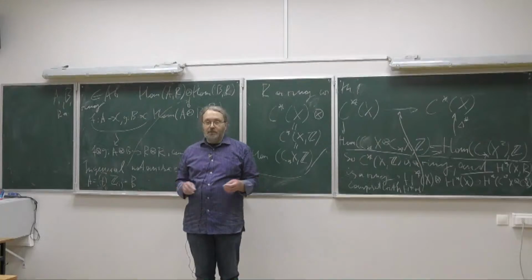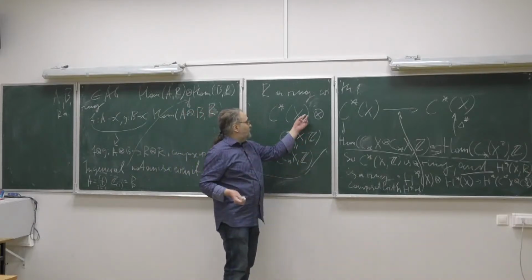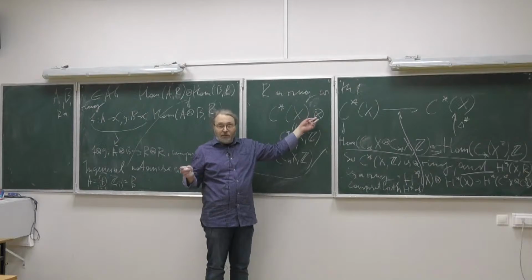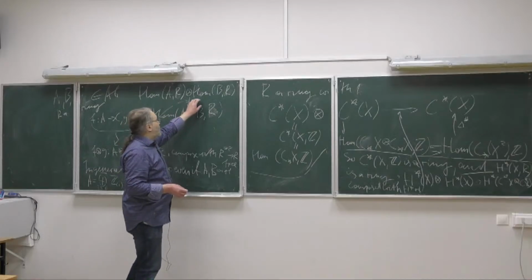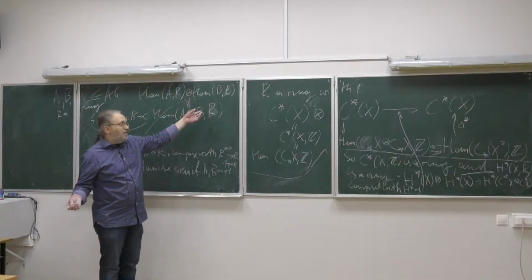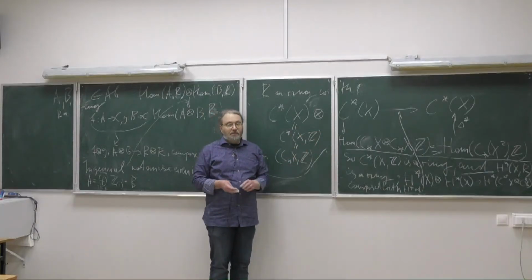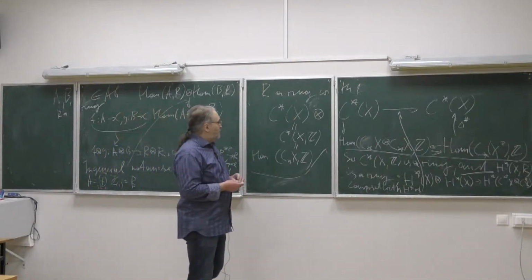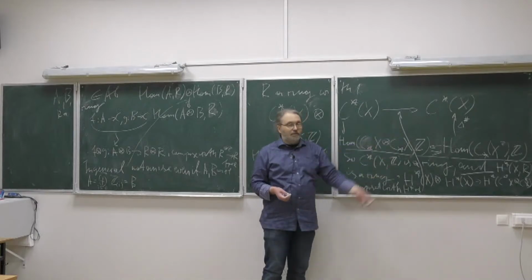Lisa. Okay. Well, here I took singular chains and singular cochains with Z coefficients, but as this observation tells us, I may as well replace Z with R everywhere, and for example, here I can take Hom into R, same here, and so on.